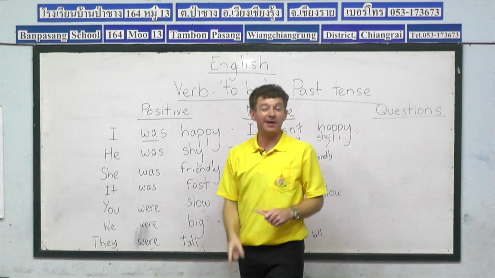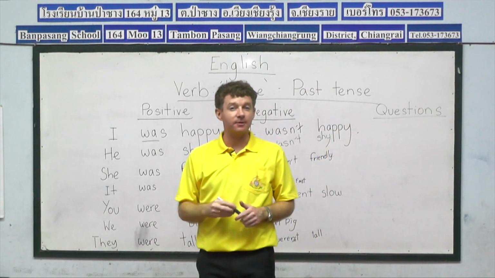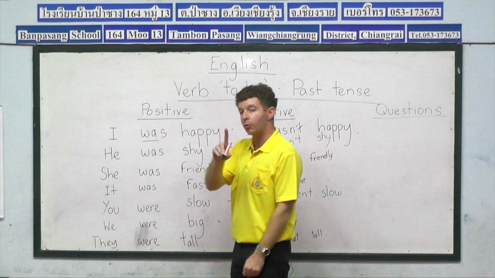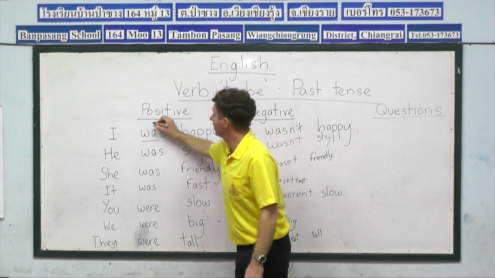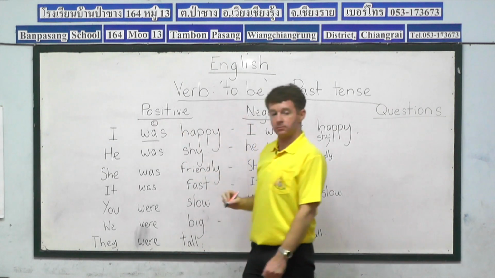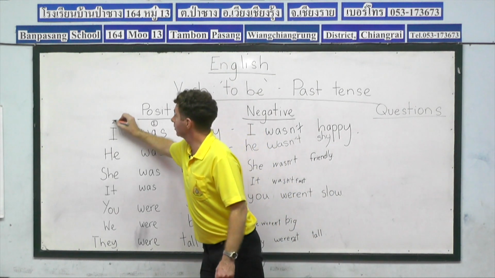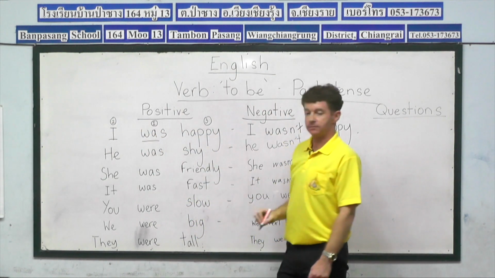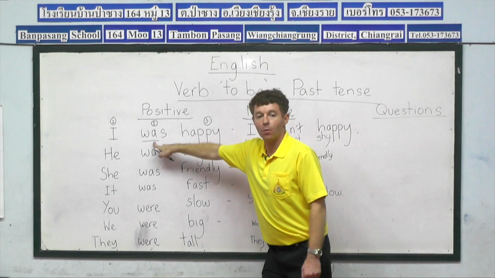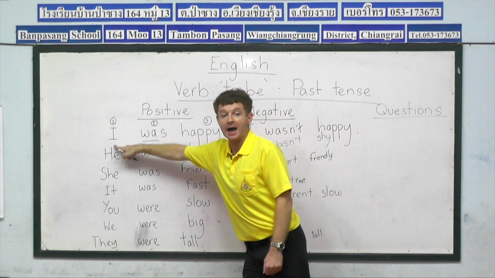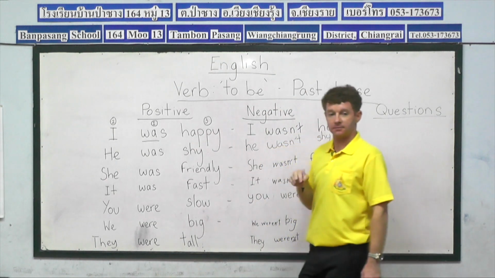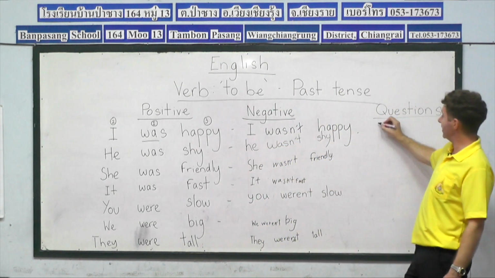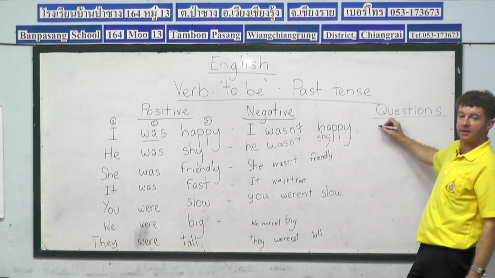But if we want to think about how to ask the question, do it in this order. 1, 2, 3. Was I happy? Okay? So the question, what's the first word we need?